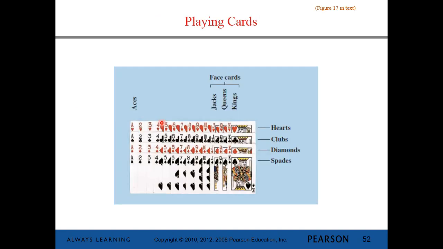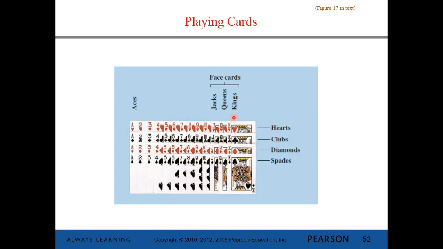Let's talk about a standard deck of cards. Now, a standard deck of cards has 52 cards. There are the aces, or well, I would call them the number cards, or you could split it up into aces, and then the number cards are 2 through 10. But again, we're not going to split hairs. So we have the aces, and then we have the number cards, which is 2 through 10.